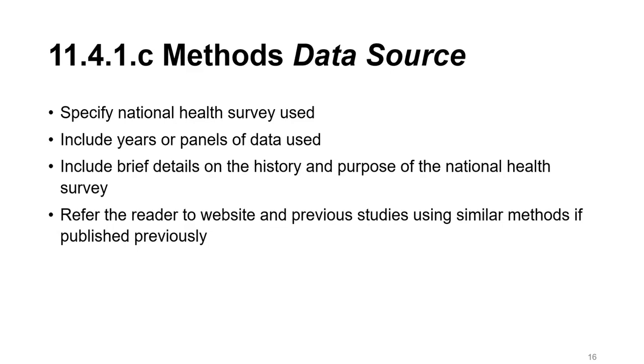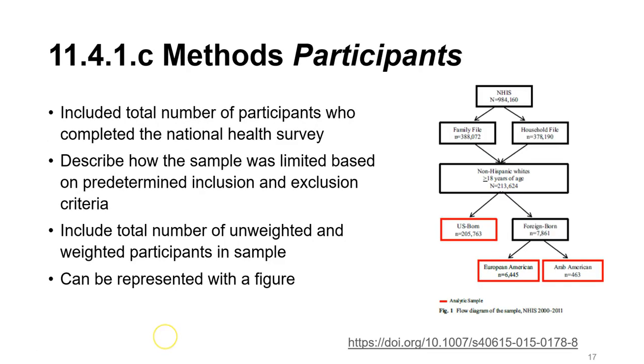If you used a method that you used before, you want to indicate that you are using a previous method, but to keep it blinded, which a lot of journals want, you want to refer to yourself by name as the researcher who published it before and not say our previous study did this, which I've done a lot in the past, which is good for grant applications, but not good for manuscripts.